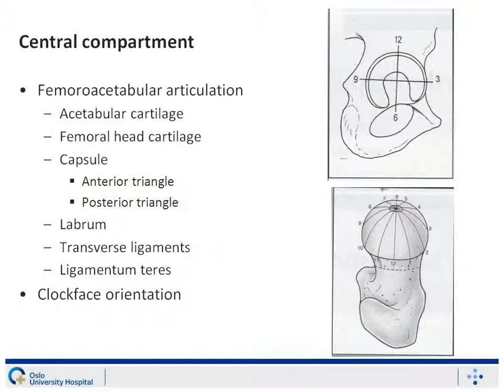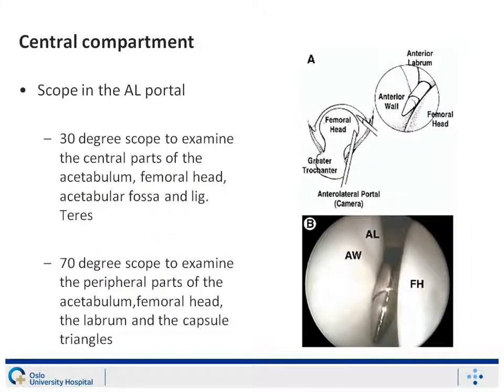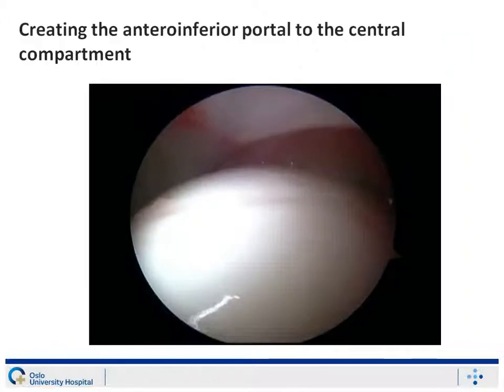As described by Vikas, the central compartment is limited by the extension of the labrum, and you can enter into the central compartment from all the portals described by Vikas, except for the specifically designed peripheral compartment portal described by Dienst.